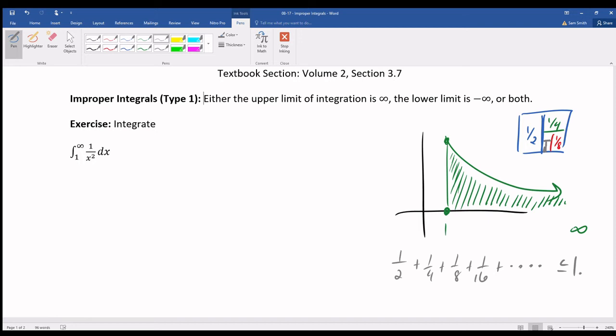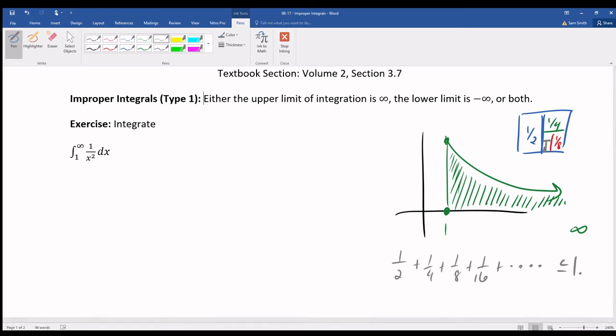Now, to actually calculate an improper integral, here is the usual technique. Integrate, for example, from 1 to infinity, 1 over x squared. Find, if possible, the total area underneath the curve 1 over x squared as x goes from 1 all the way out to the horizon.